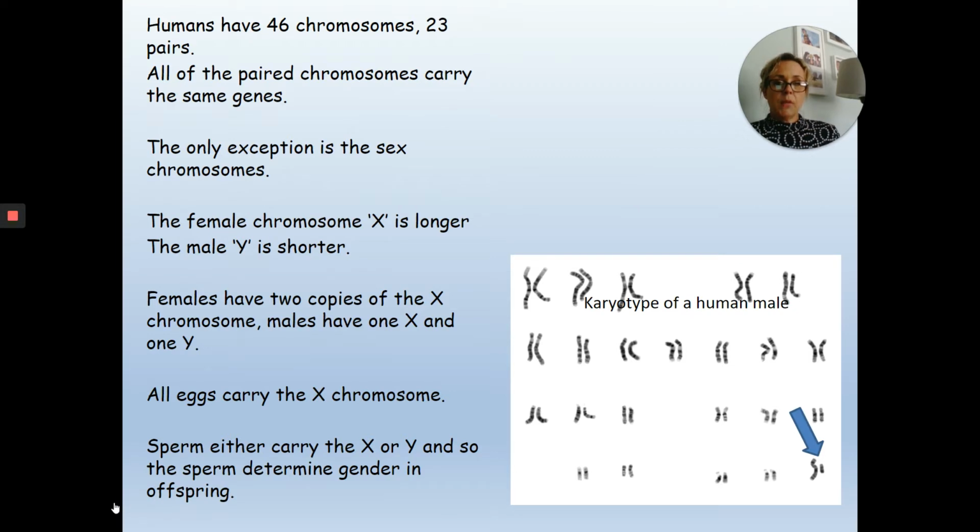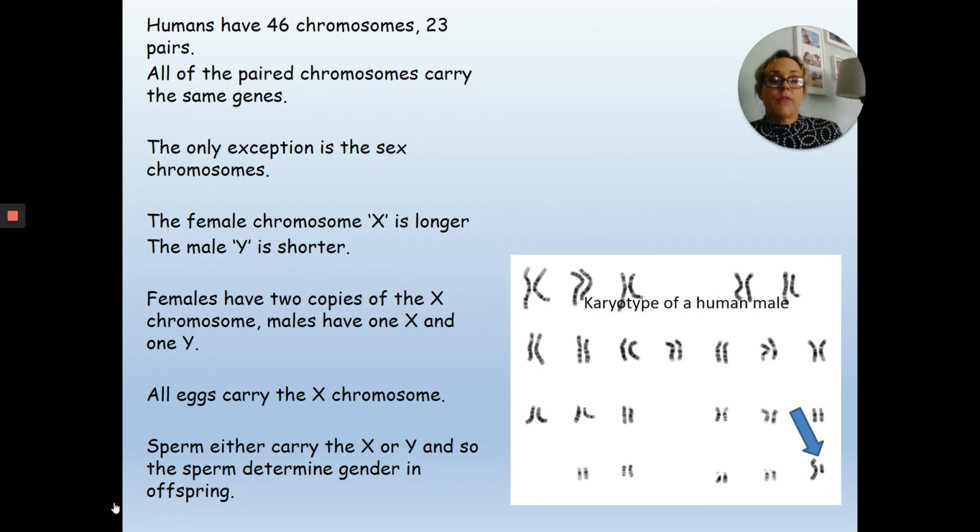Okay, so when we talk about meiosis, we need to make sure that we understand how many chromosomes there are in a human body cell and why we say we have 23 pairs. So we have a total of 46. 23 of those come from our mother and 23 of those come from our father.